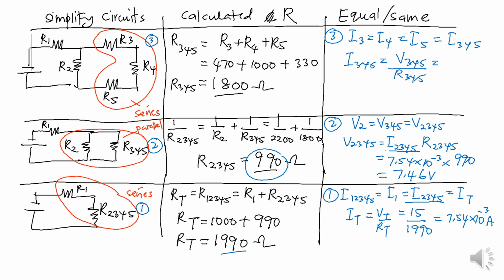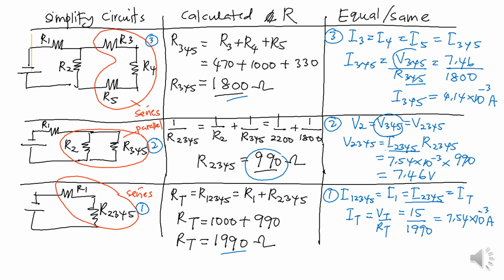So V345 adalah ini, sama 7.46 bagi dengan R345 is 1800. So dapatlah I345 is 4.14 times 10 to the power of negative 3 ampere.